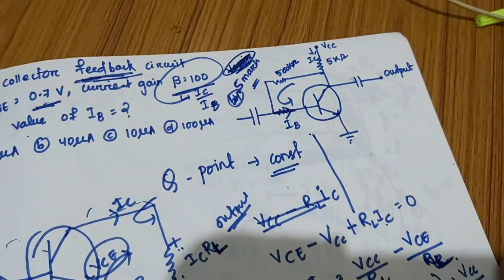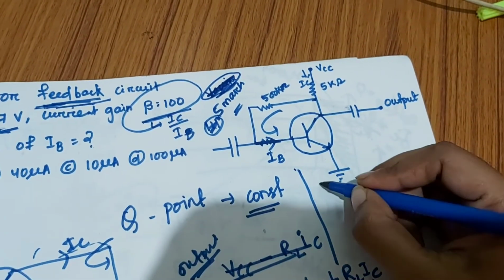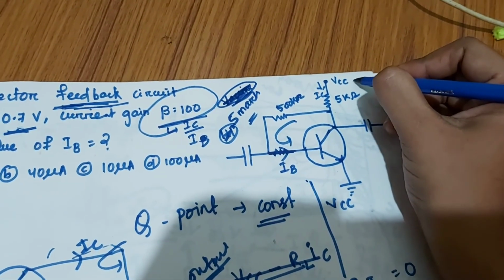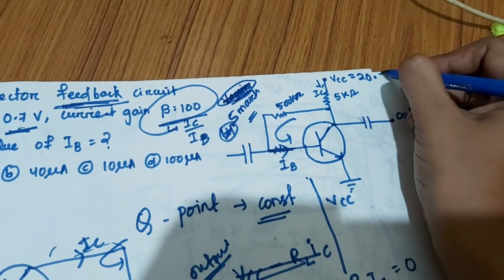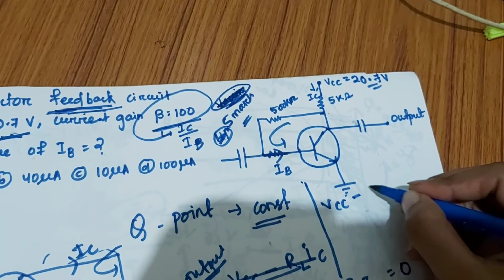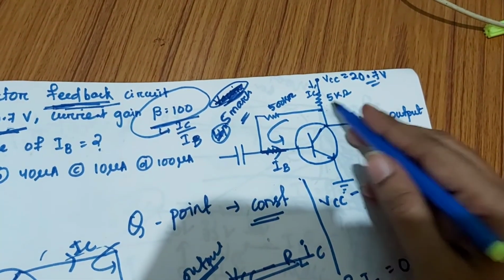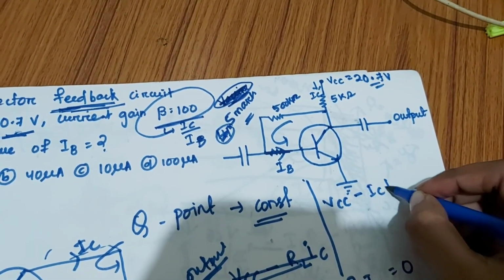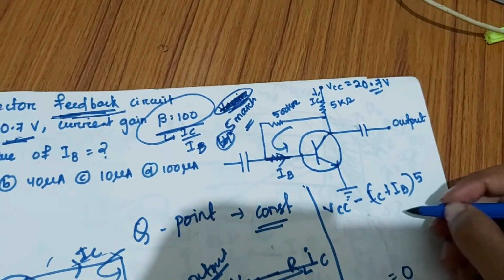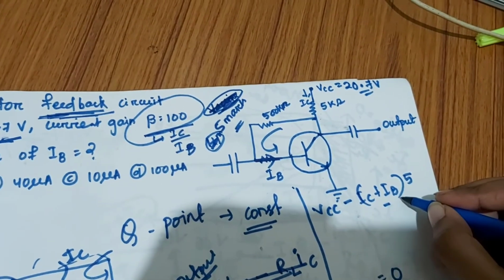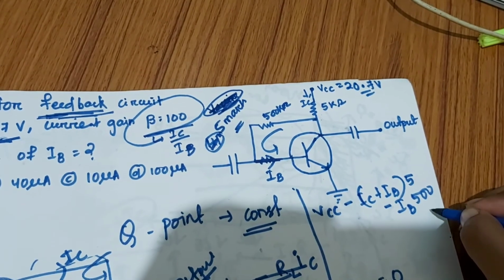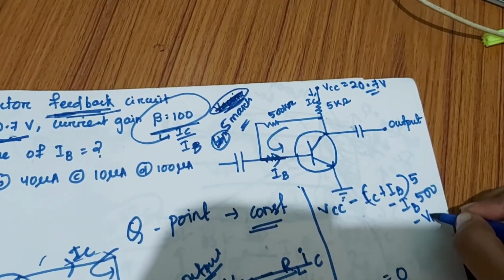Here we have VCC, which is 20.75 volt. It is given. So VCC minus (IC plus IB) into 5, just as I have done earlier, minus IB into 500, minus VBE equal to 0.